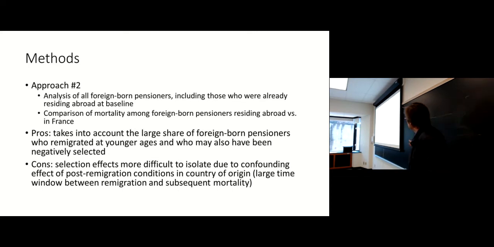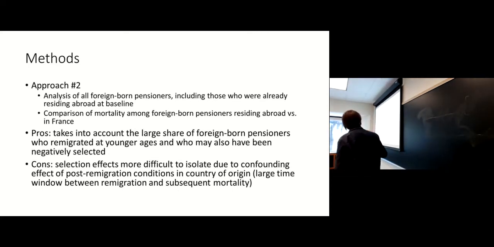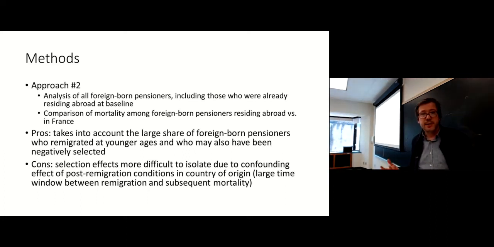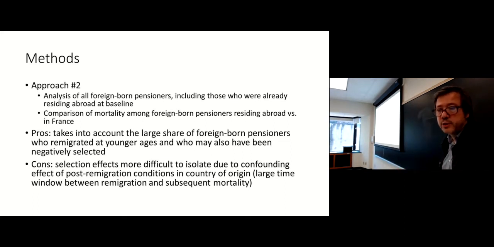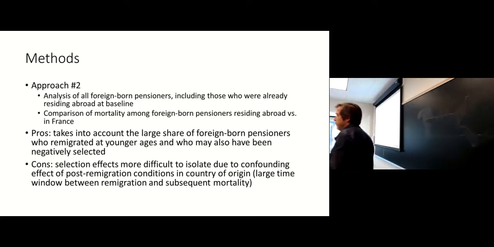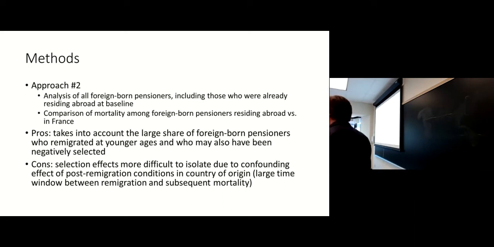The advantage is that it takes into account this large share, as we will see, of foreign-born pensioners who remigrated at younger ages. The disadvantage is that selection effects are more difficult to isolate due to the confounding effects of post-migration conditions in the country of origin. They return earlier, they have a longer time exposure in the country of origin, and that is going to confound our results.